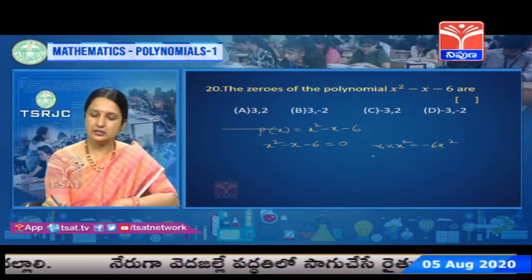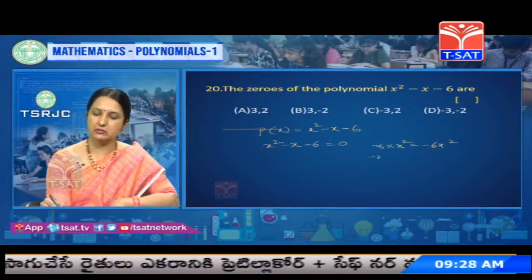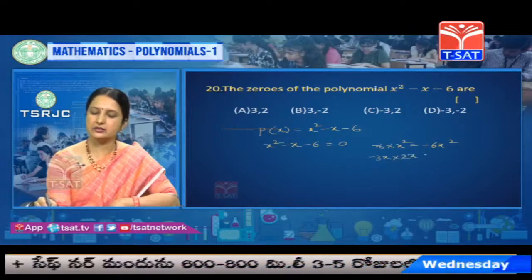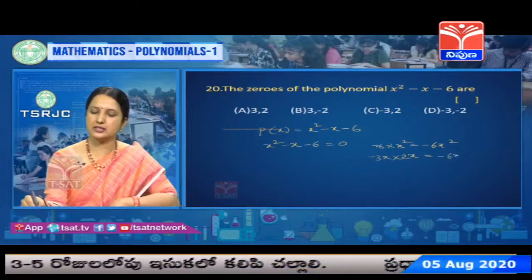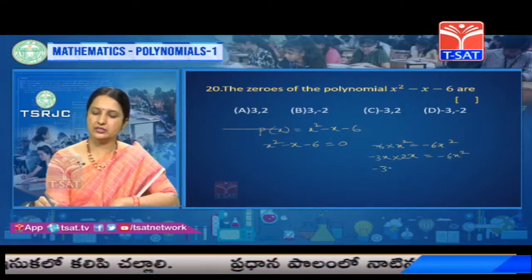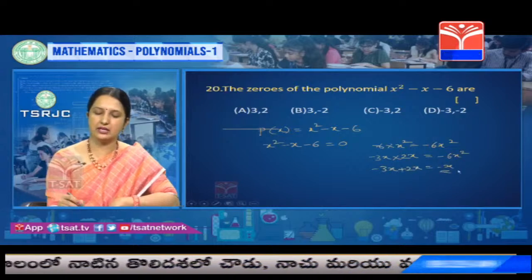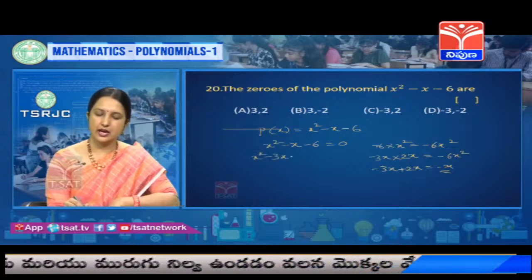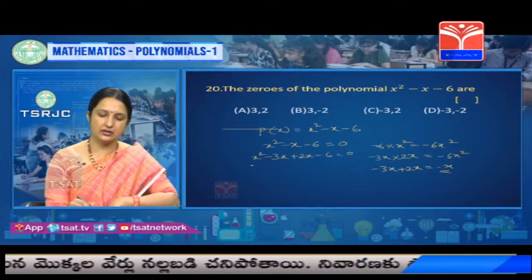You have to find the factors: minus 3x into 2x, you get minus 6 x square. When you add these two, minus 3x plus 2x is minus x, the middle value. So you can write this as minus 3x plus 2x minus 6 equals to 0.